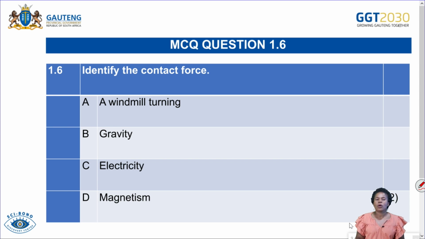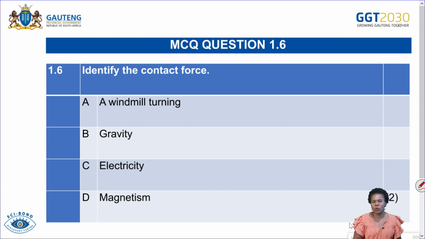So in contact forces, there's a physical interaction. I am moving my pen up and down, I am shifting the car from left to right, I'm pushing it, meaning I'm physically touching the car. There's a physical interaction.